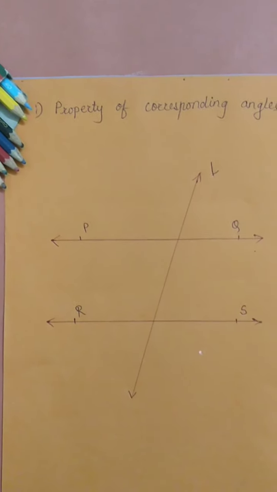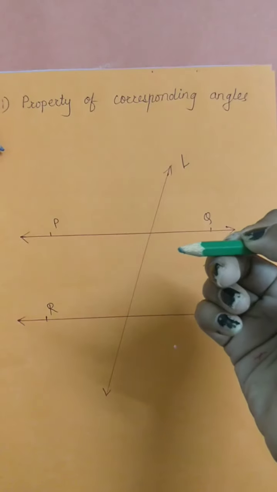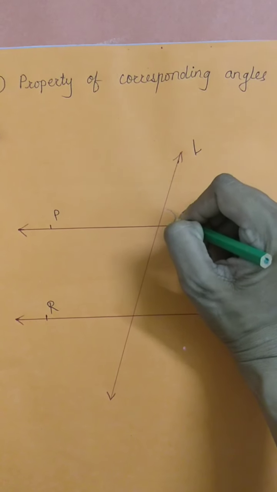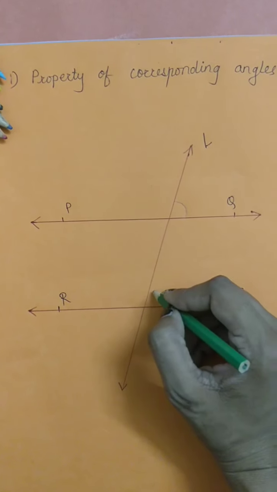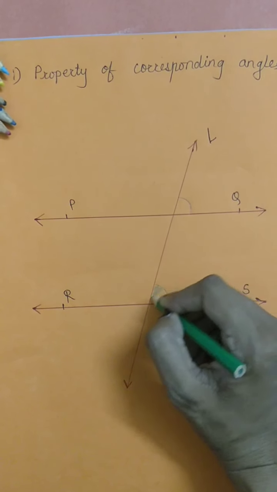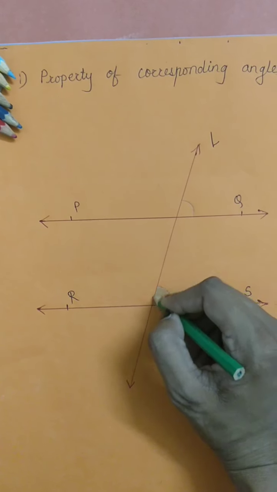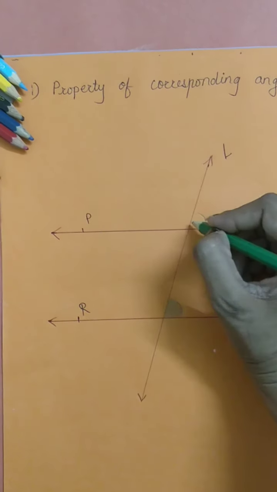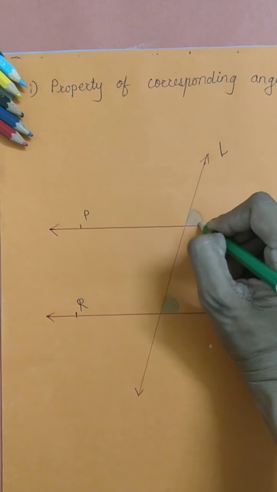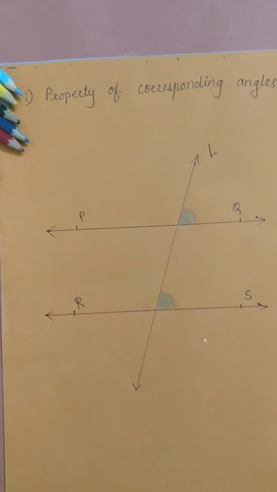So I am going to use this green color to represent this pair number 1, and we are going to color it with green color. Now you have to do this activity along with me.